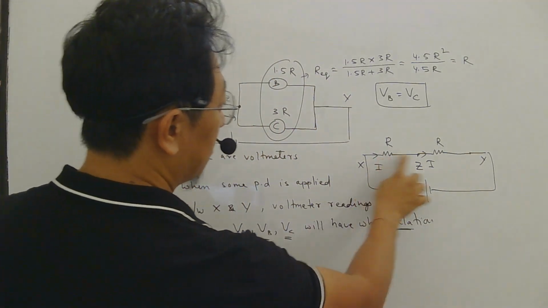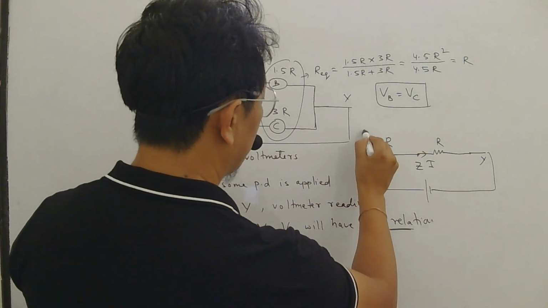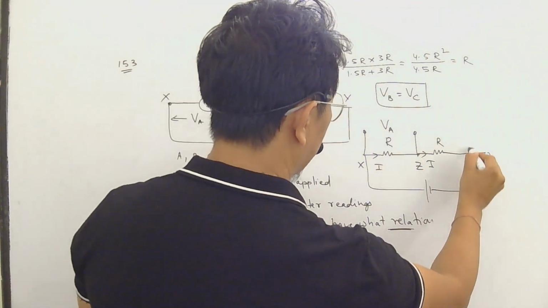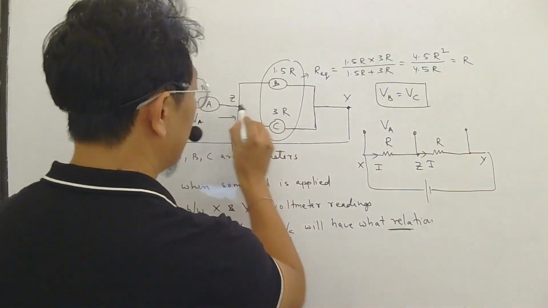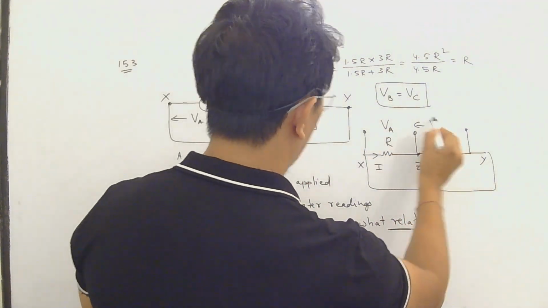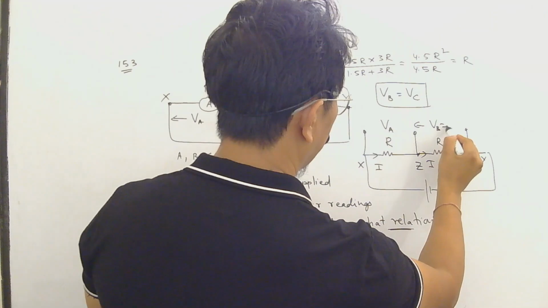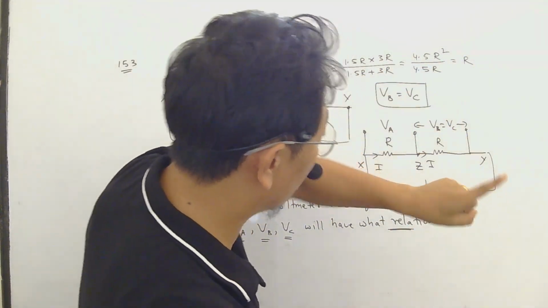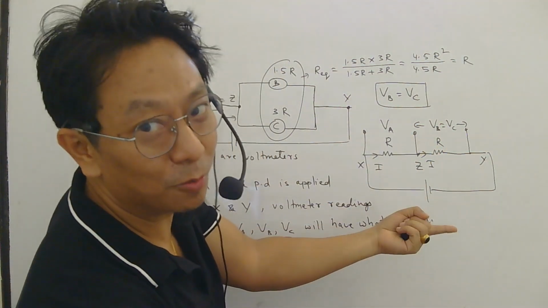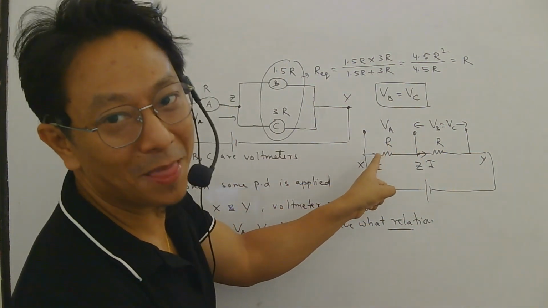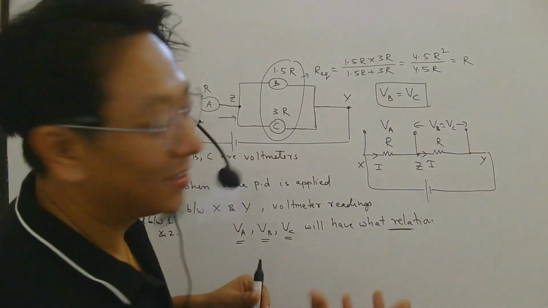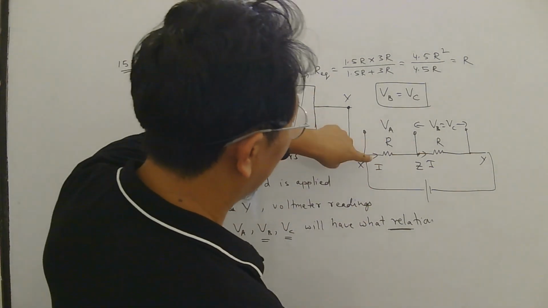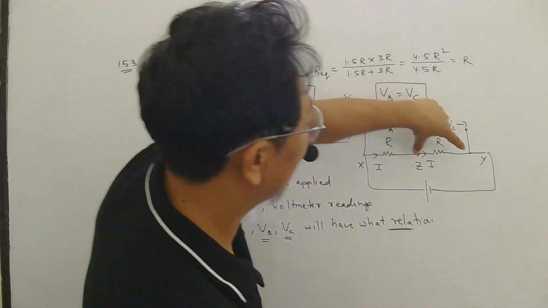So if current is the same and resistance is the same, automatically from Ohm's law, the voltage here VA will be equal to the voltage between Y and Z, which is the voltage across either B or C. The numbers were given in such a way that the equivalent resistance of this is also R. So I is the same in series, so this voltage is the same as this voltage.